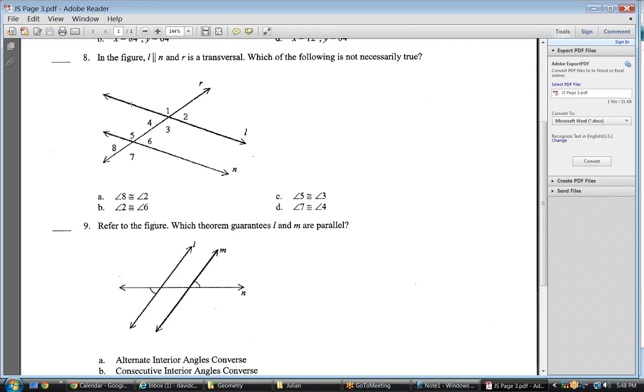Again, if I go over here and draw a perpendicular line, that is not acute, that is obtuse. Angle 5. So is 3. If I go up here and draw a perpendicular, it comes out right here. So 3 has to be the same as 5 if they're both obtuse. And finally, 7 must not be the same as 4 because 4 is acute. 7 is obtuse.